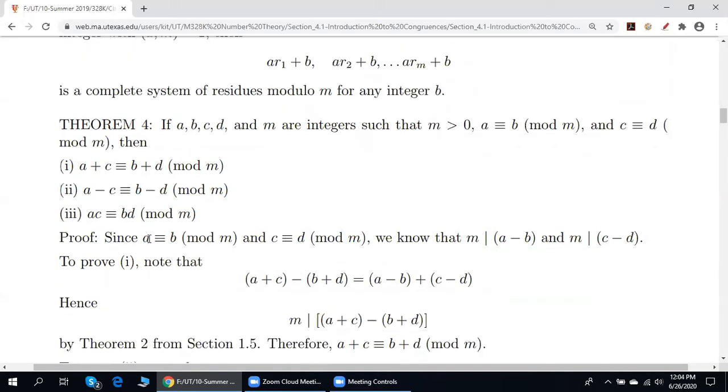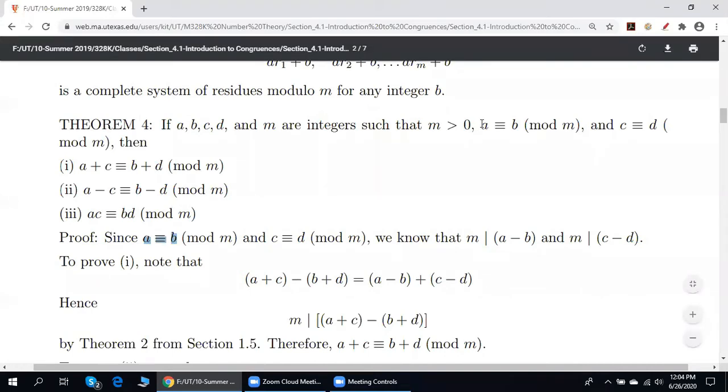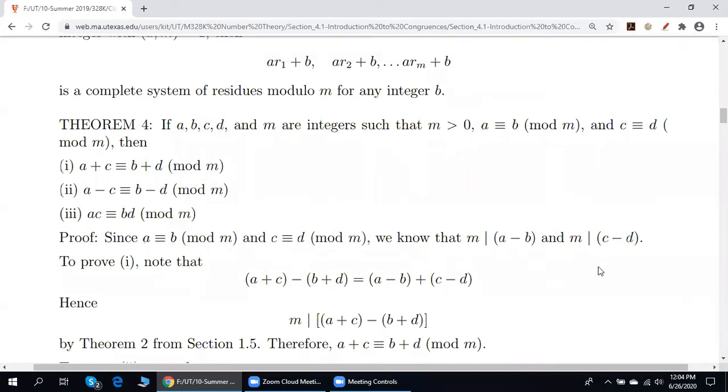So, A is congruent to B. It's given. This means M divides A minus B. This means M divides C minus D. Here is what we do next. Note that A plus C minus B plus D is equal to A minus B plus C minus D. Just expand parentheses here and reshuffle the terms.